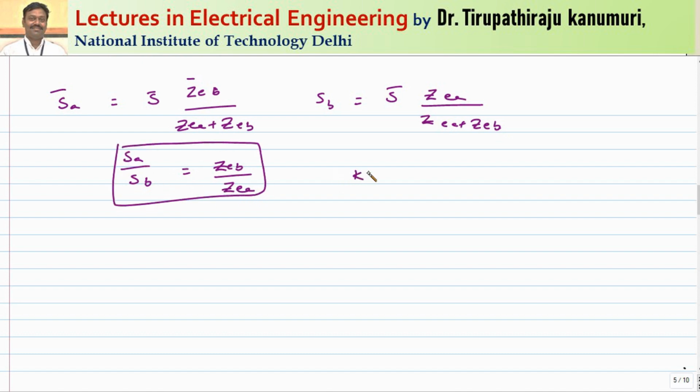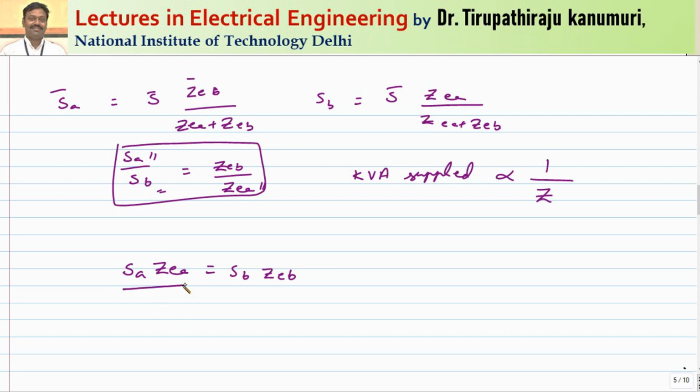So from this we can tell that the kVA supplied is inversely proportional to the respective impedance. From this I can extend further. I can write SA multiplied by ZEA is equal to SB multiplied by ZEB. You agree with me?